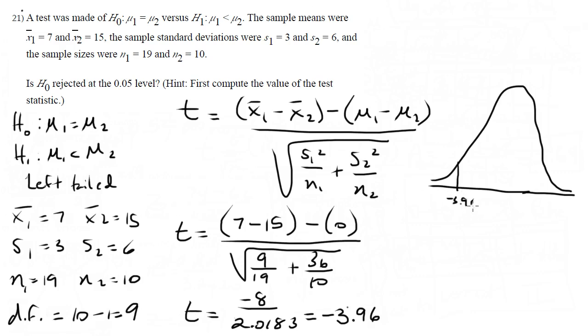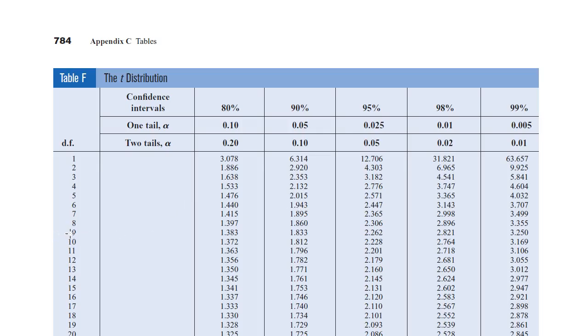Negative 3.96 is my test value. 0.05 level, degrees of freedom are 9, left-tailed, one tail, 1.833.